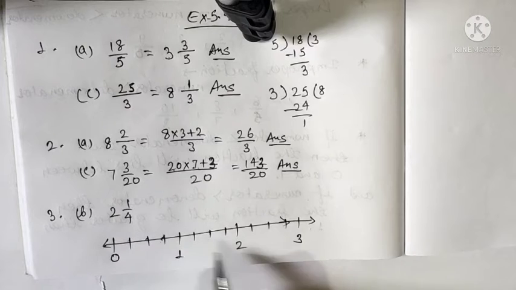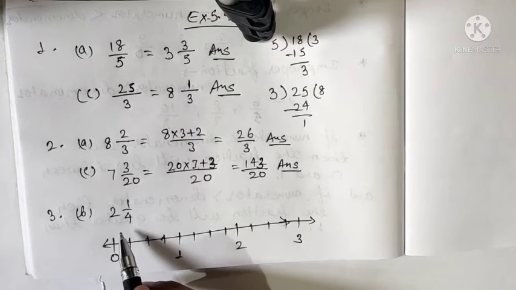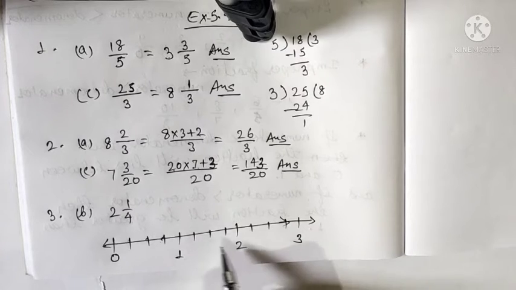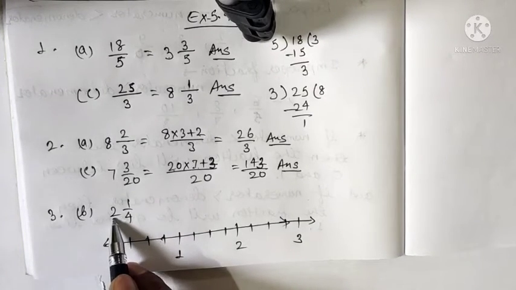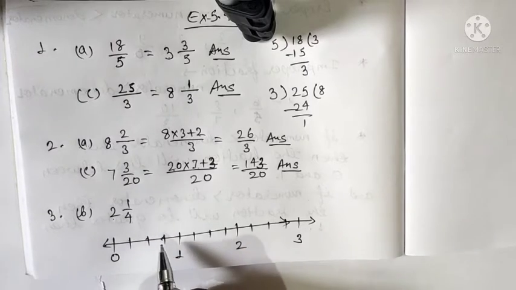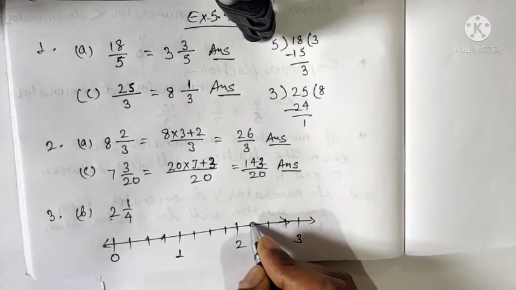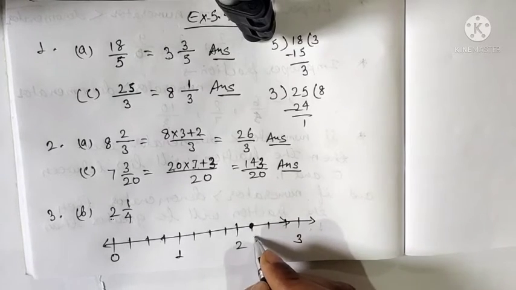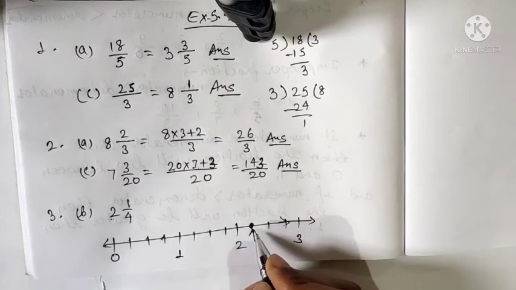Just look here, 2 is a whole number, so draw at least till 3 on the number line. Now after 2, count 1 by 4, and it will give you the number 2 1 by 4.